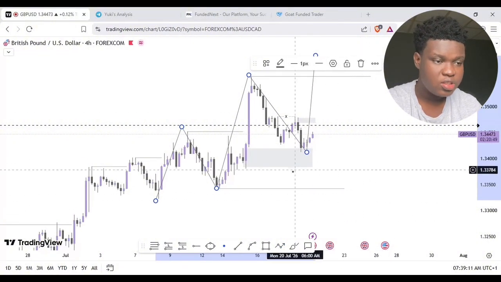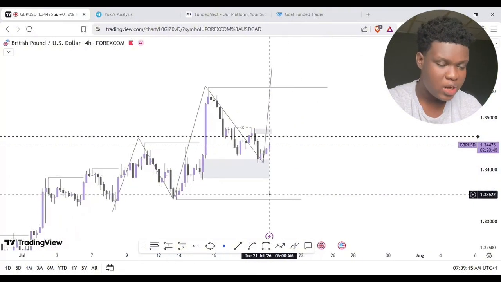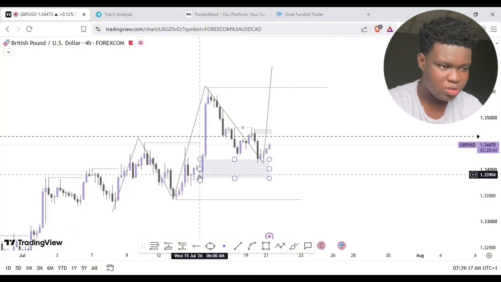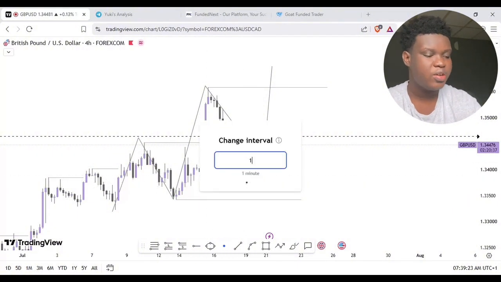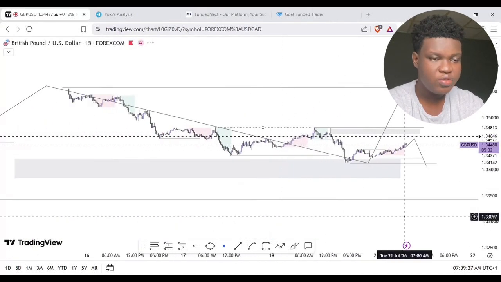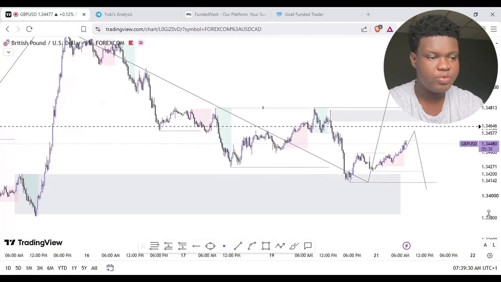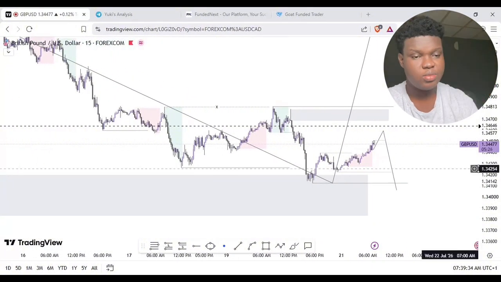The only thing now, since we are very bullish on the 4-hour time frame, what I then noticed is that we've tapped into a demand zone. This is a demand zone that has been unmitigated and unused. So that could change our 15 minutes bearish bias. So even though we're bullish on the 4-hour, the 15 minutes hasn't aligned with our bullish bias.